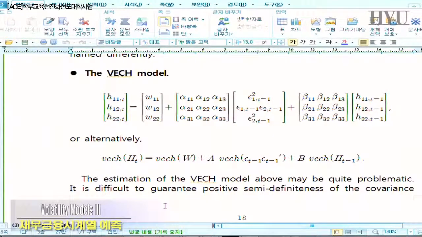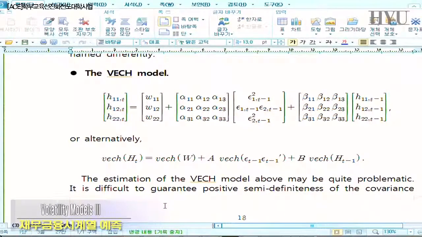So I mentioned that we model this as a GARCH. The first variable's GARCH process is a constant term plus this times that. This is a vector.